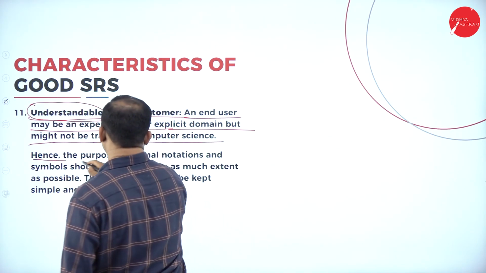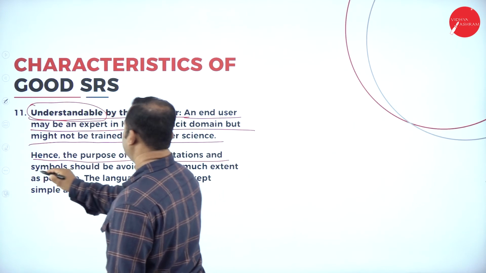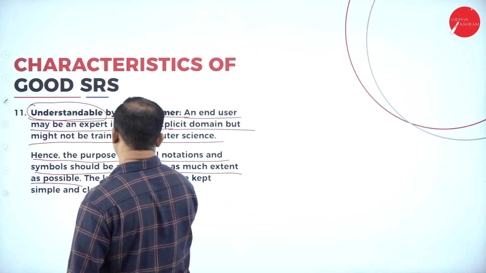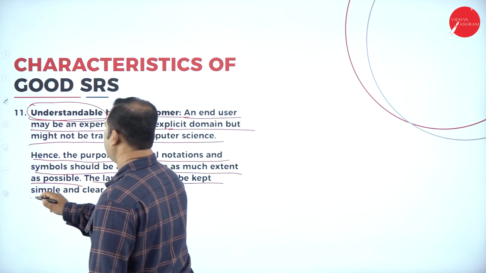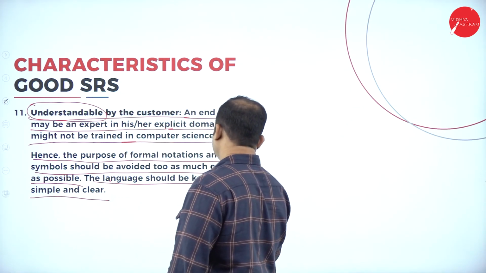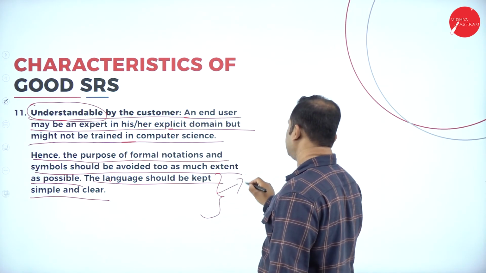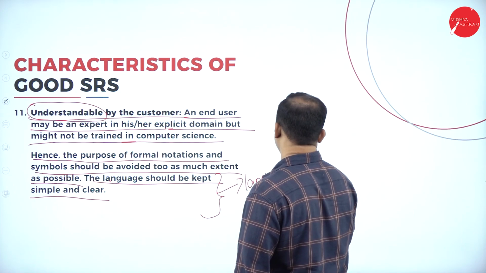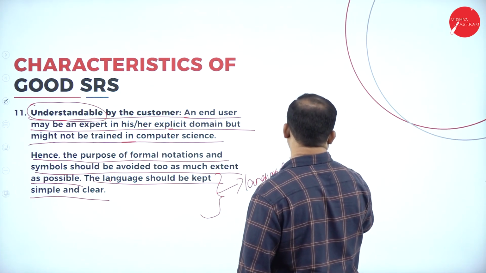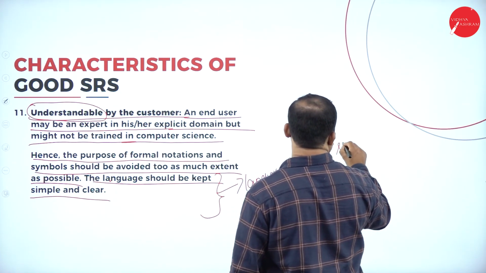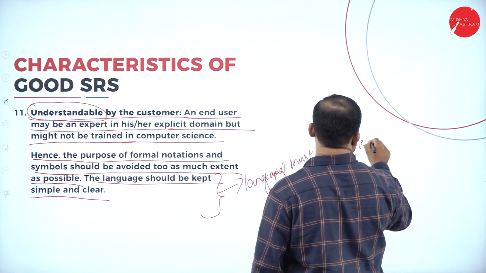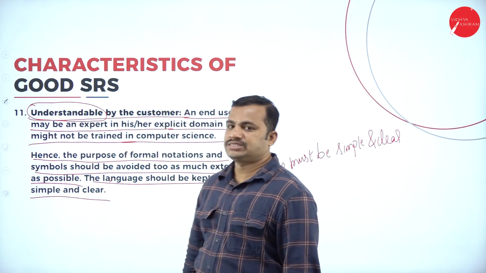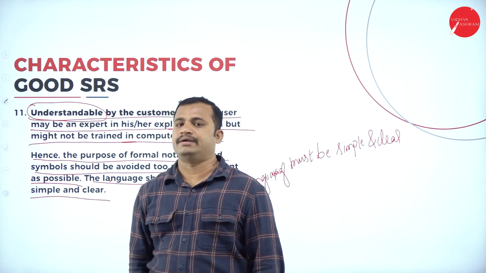Hence, the use of formal notations and symbols should be avoided to as great an extent as possible. The language should be kept simple and clear. Please make a note of this. You have to use these words here: language must be simple and clear, to indicate the understandable feature to the client.